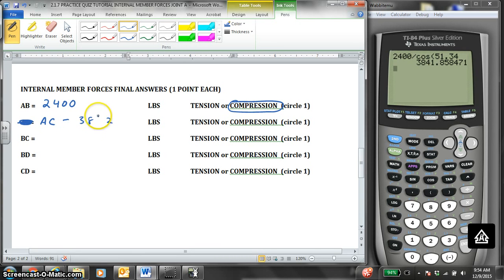I don't know what's going on. It's just erasing. I don't know why it keeps erasing.